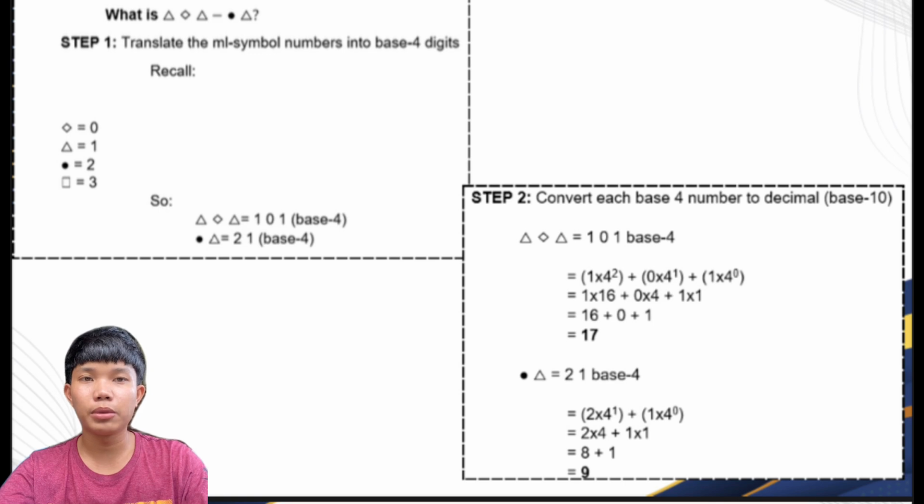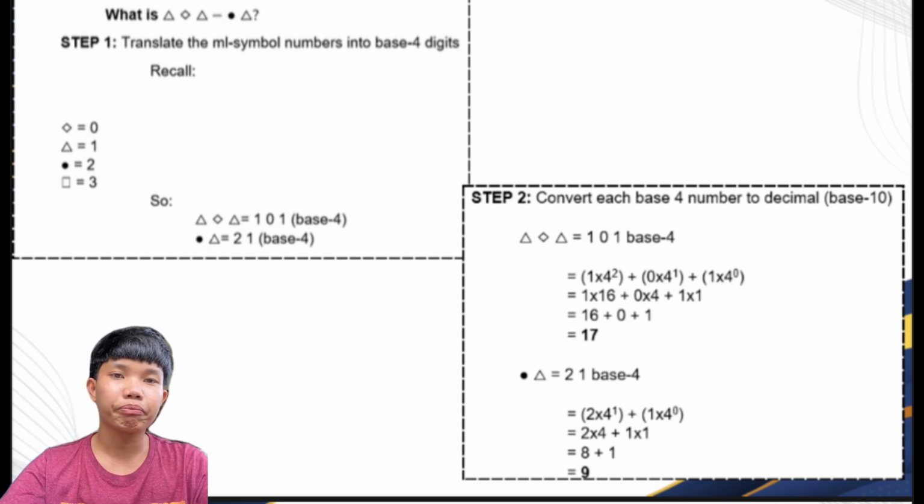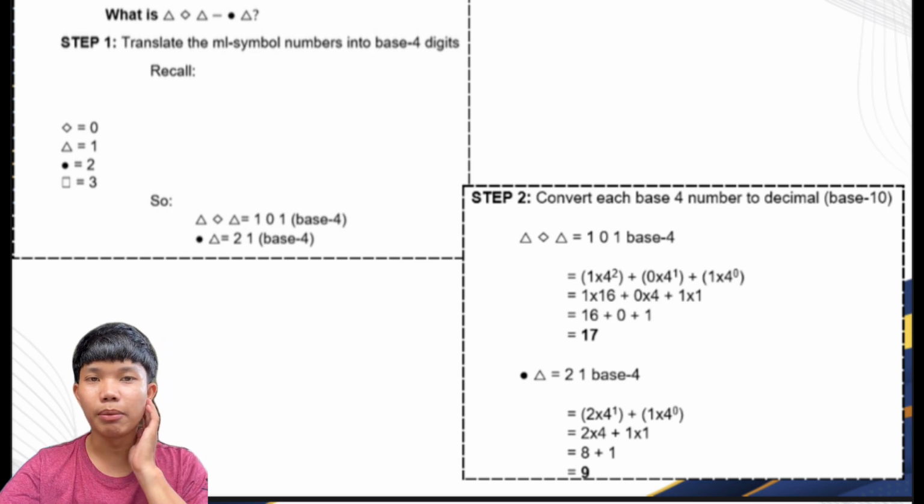So 1 times 4 squared plus 0 times 4 to the first power plus 1 times 4 to the 0 power is equal to 1 times 16 plus 0 times 4 plus 1 times 1, equal to 16 plus 0 plus 1, which is equal to 17.